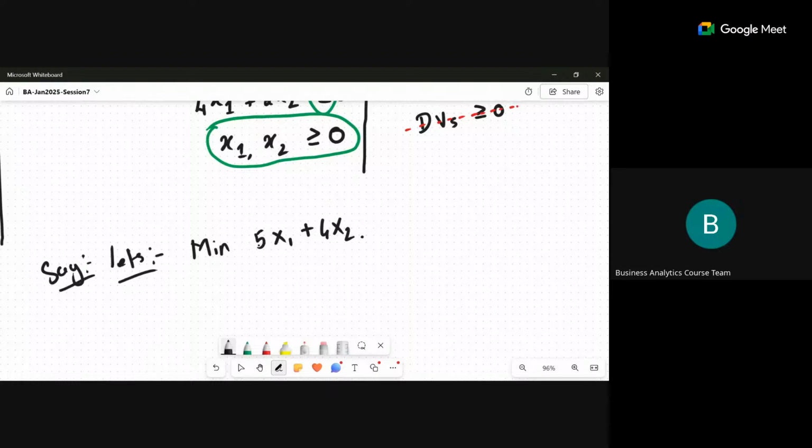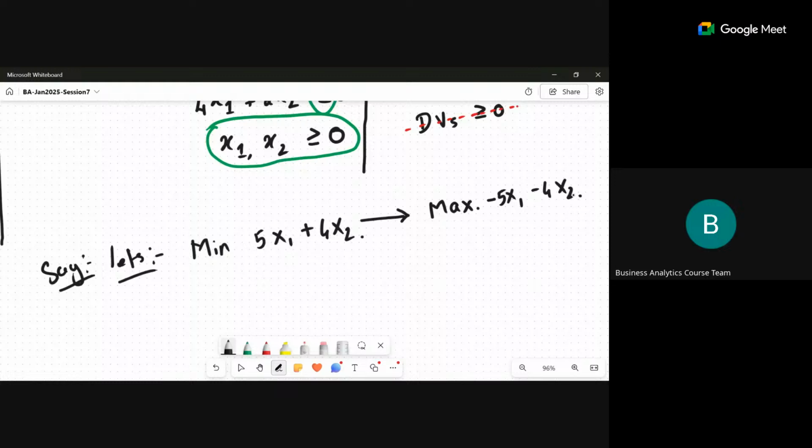How will you convert it to a standard form of the primal? How can I convert a minimization function to a maximization function? Multiply with a minus sign. So minus 5x1 minus 4x2.